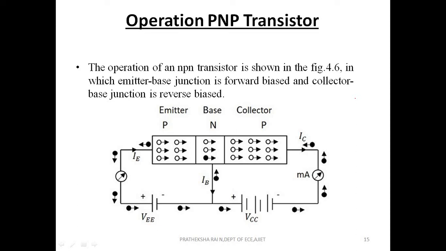If you see the direction of the holes, it is the same as the emitter; the holes are moving in this direction, and through this side direction and through this. So IC is following the same route, and IE equals IB plus IC.